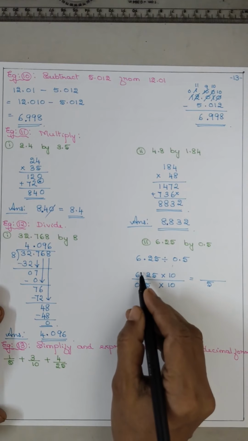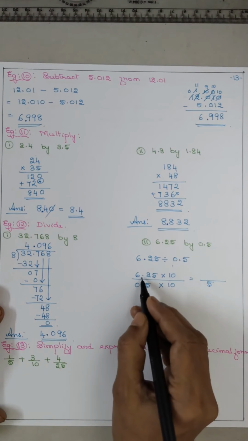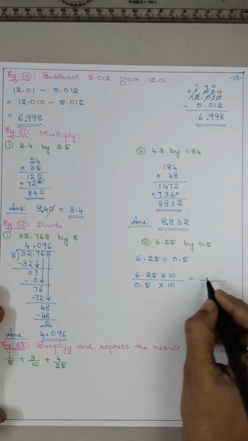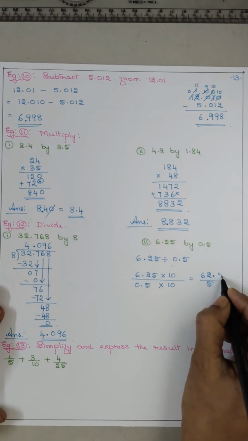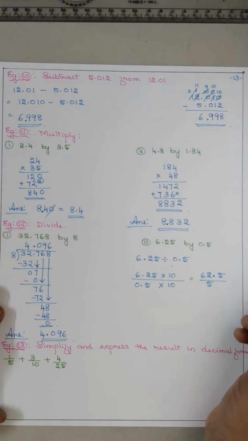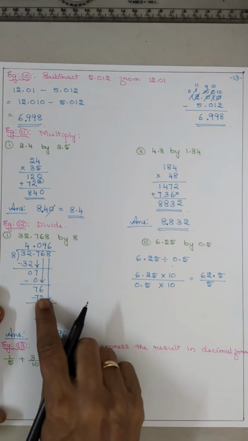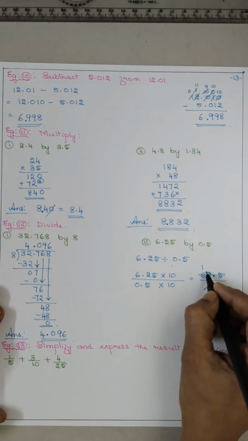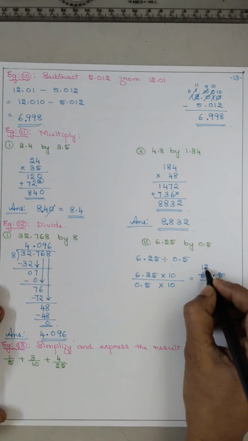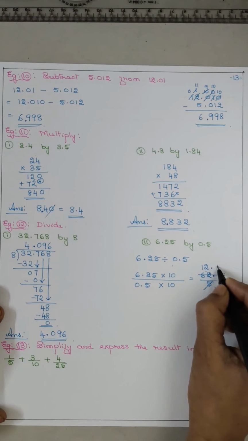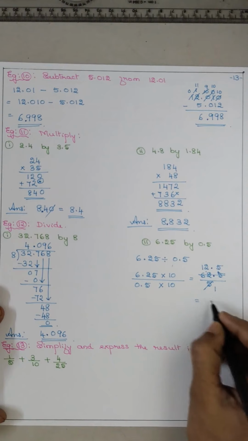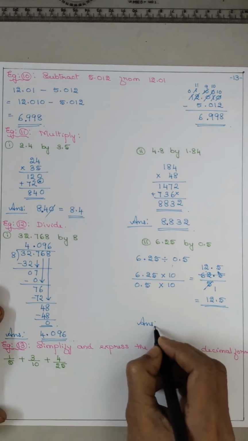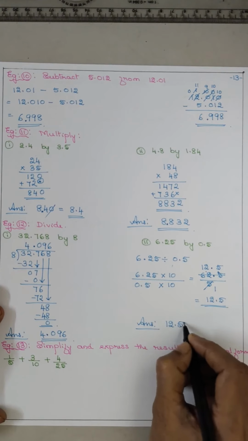The numerator's decimal moves to the right 1 place because of 10. So it becomes 62.5. Now you can do the long division method. Otherwise directly, 5 ones are 5, 1 remains, 5 twos are 10, 2 remains, 5 fives are 25. So the answer is 12.5.